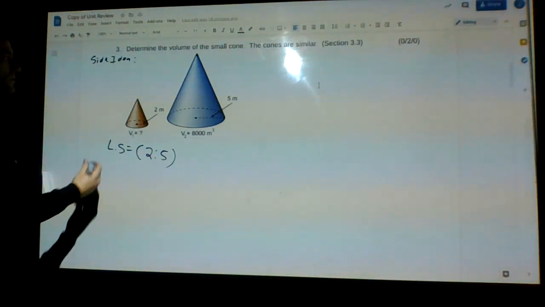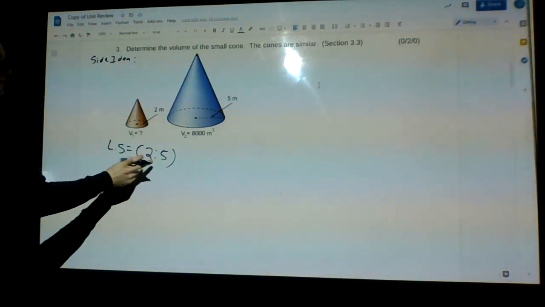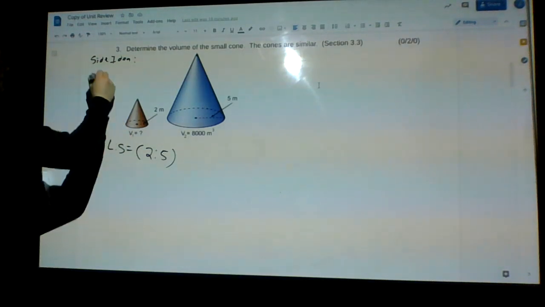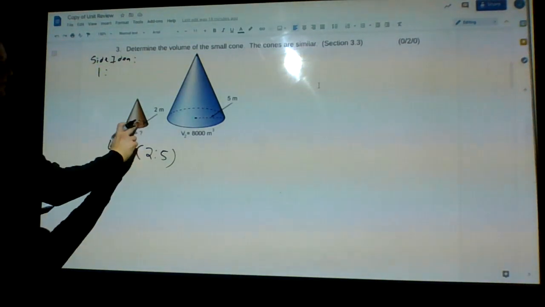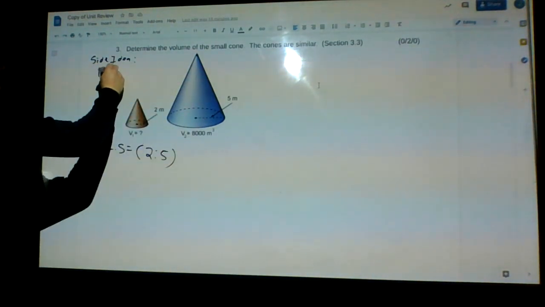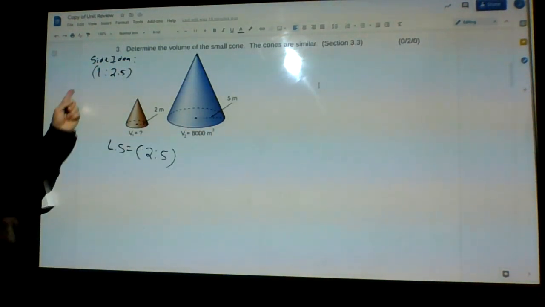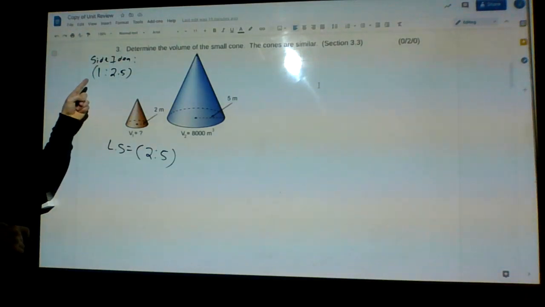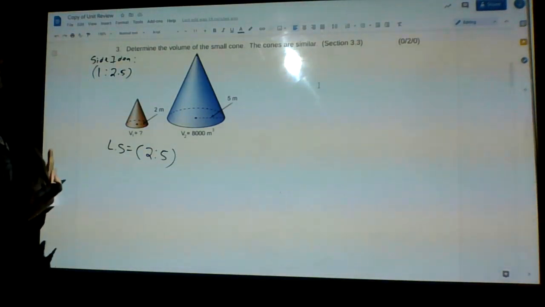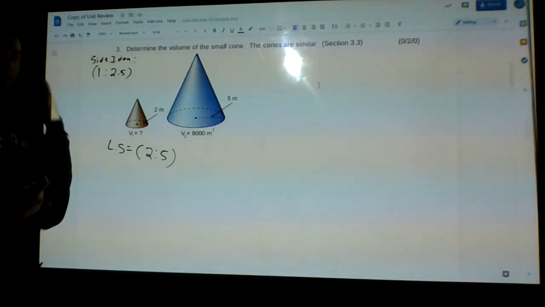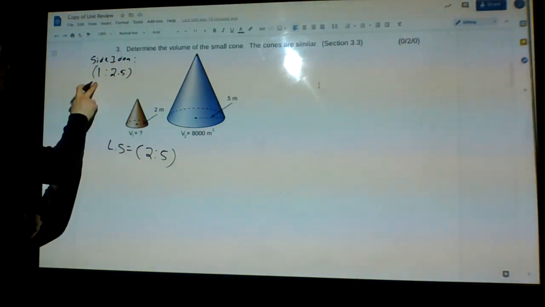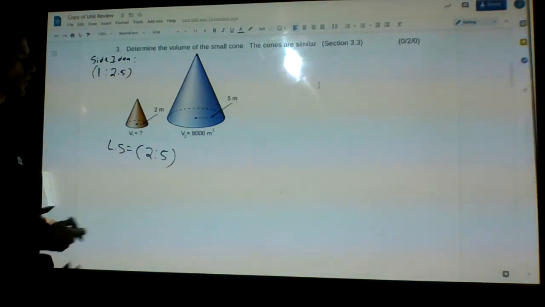Another way to think about this is if I divide by 2, that means 1 meter here results in 2.5 meters over on this side. We don't like to write our ratios with decimals, so this is not the correct way to write it, but this is the correct way to think about it. 1 meter here is 2.5 meters over on this side.